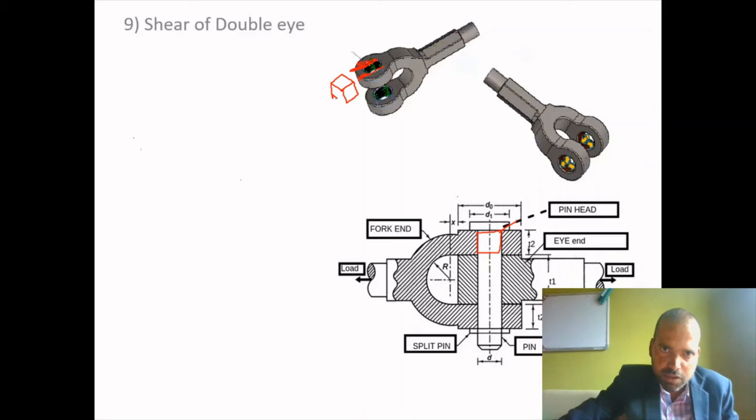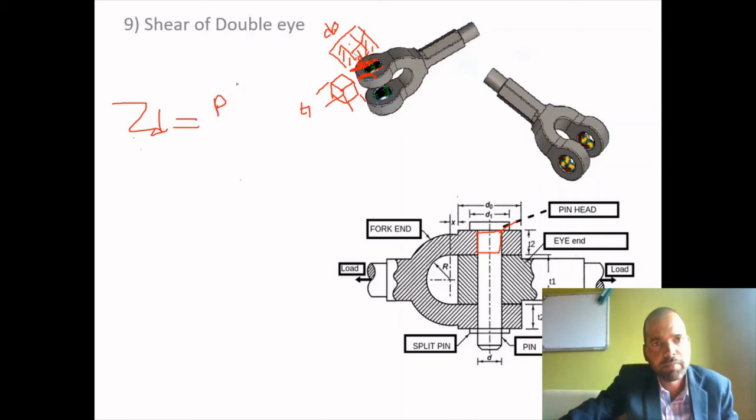This has dimensions: this is equal to thickness d1, and this time we have to find out, if the outer diameter is d0 and the inner diameter is d, then d0 minus d will be this portion and this portion. So what is shear failure? Direct shear is equal to applied force divided by area.